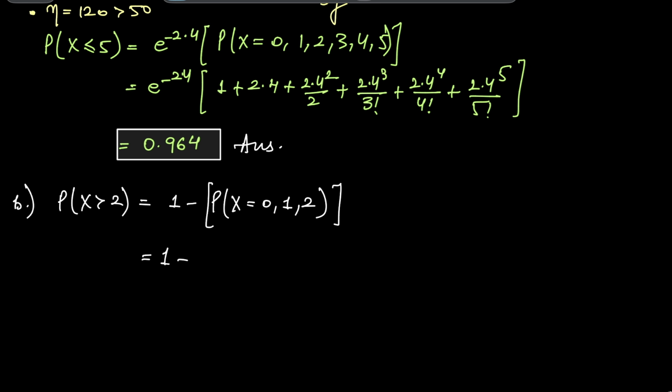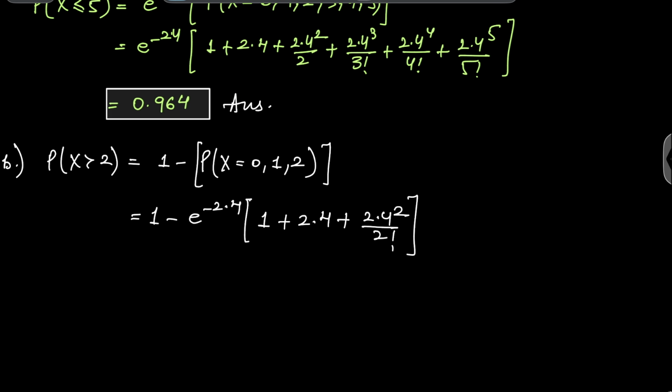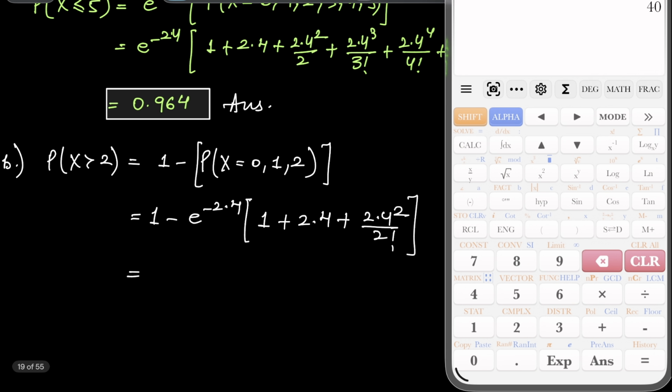I will write it as 1 minus e raised to the power minus 2.4 times the bracket 1 plus 2.4 plus 2.4 squared over 2 factorial. So we are going to use the calculator to find the value of this expression. This is 1 minus e raised to the power minus 2.4. Then we open the bracket.